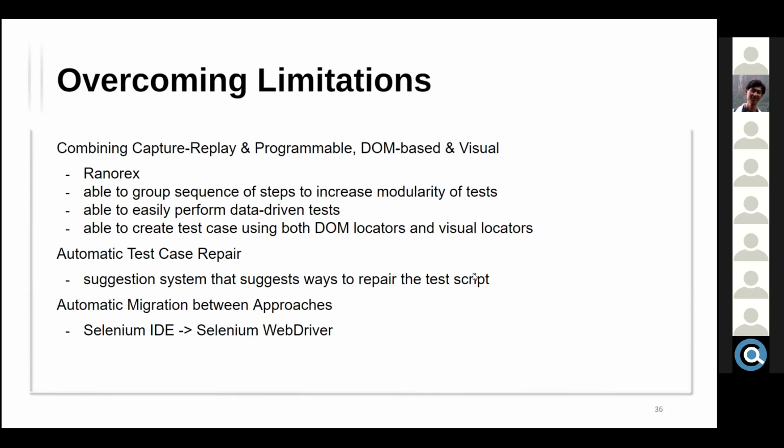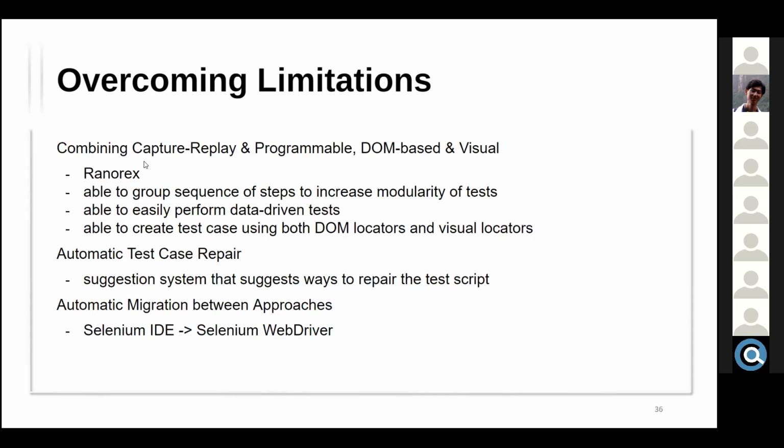Okay, thank you. So the last part is overcoming the limitations. Since each method has some pros and cons, there's a way of combining capture replay, programmable, and DOM-based and visual approaches. There's a GUI testing automation tool called Ranorex.